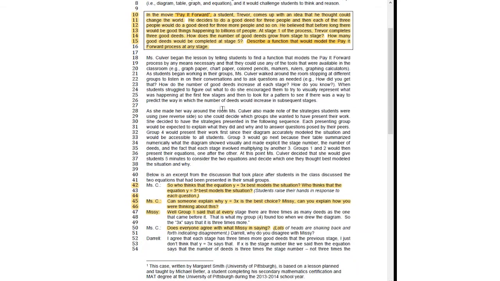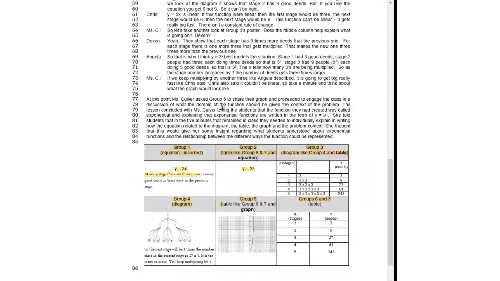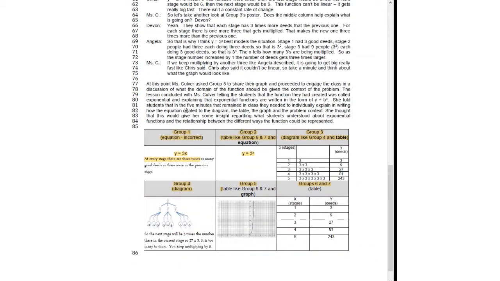Let's take a look at the different solutions Ms. Culver's class came up with. Group 1 had a misconception, and they wrote the function as y equals 3 times x. Group 2 started out with a table like group 6 and 7 and came up with the function y equals 3 to the x power.